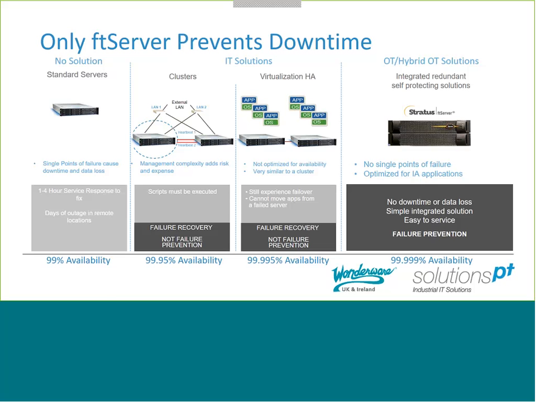You need somebody to be able to manage these as well, because it's a complex architecture. You need somebody who knows what they're doing to monitor it. But again, it's a failure recovery method, so you will be suffering some sort of downtime when a machine goes down. So it's only really FT Server that's failure prevention.